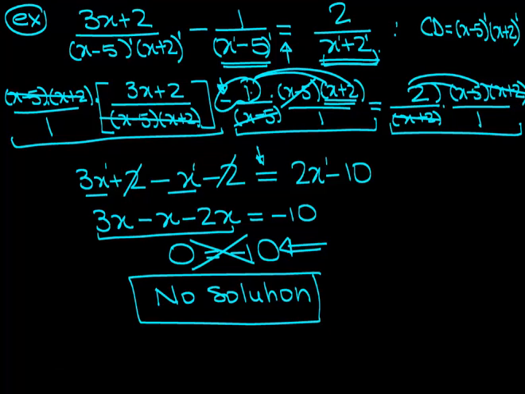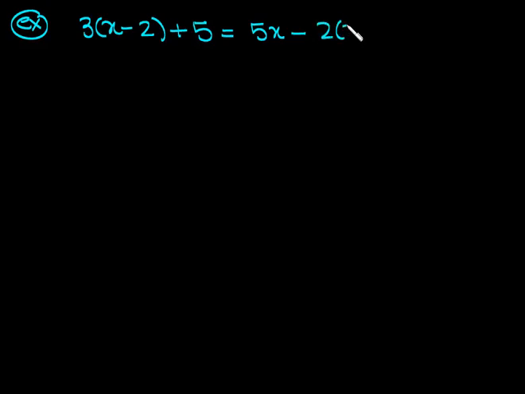Okay, let me do another problem. How about this one? I have 3x minus 2 plus 5 is equal to, I have 5x minus x, let me make this a 4, x minus 2.